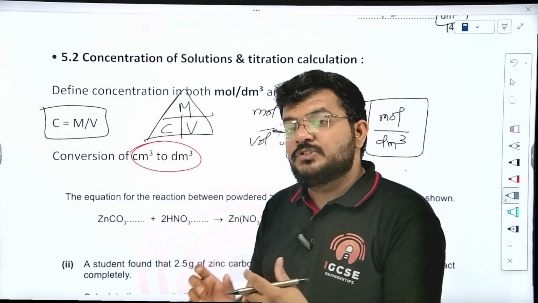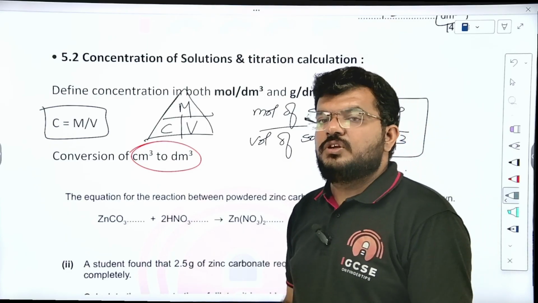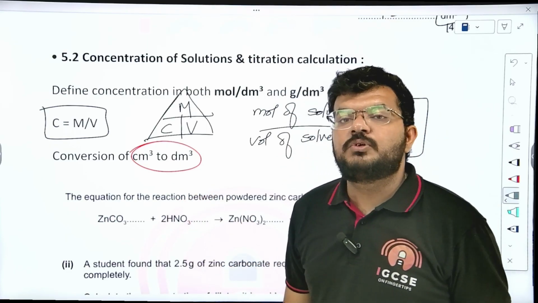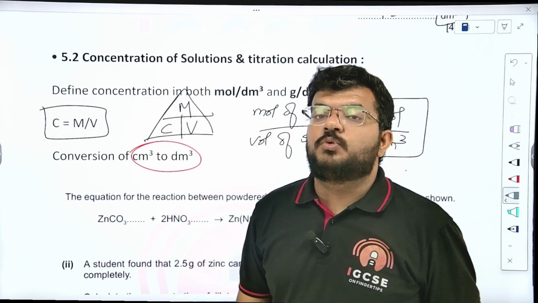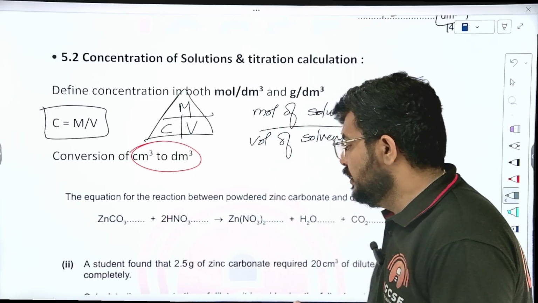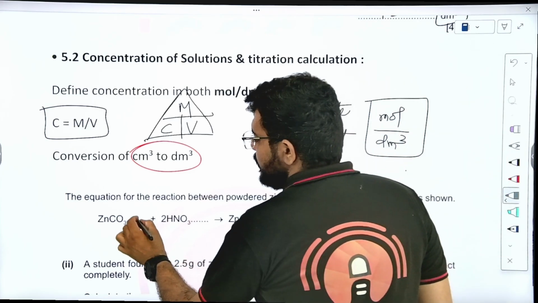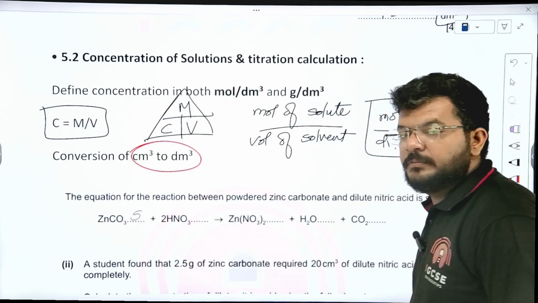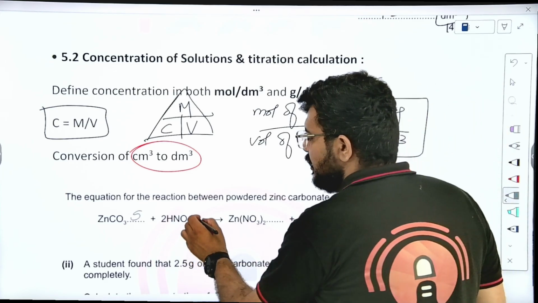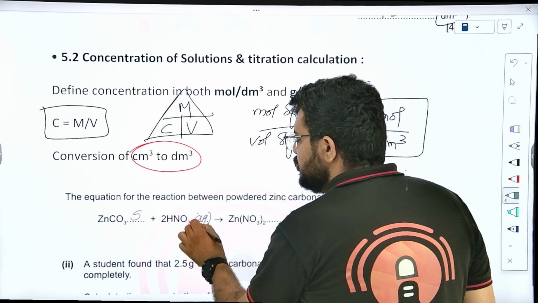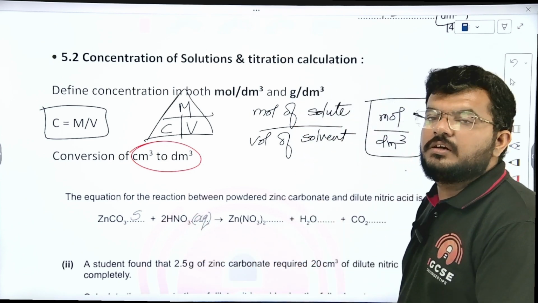There will be some salts that are always insoluble. For example, zinc carbonate. All the carbonates except sodium and potassium and ammonium are insoluble. So, if it is insoluble, the state symbol is solid. Okay. HNO3. Acids we generally take in aqueous form. They are dissolved in a liquid.